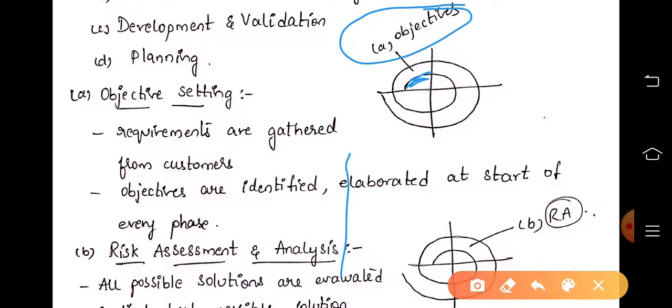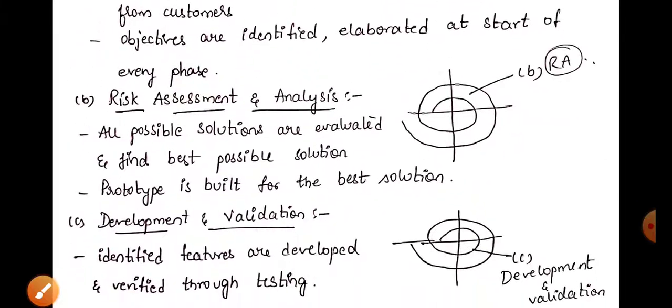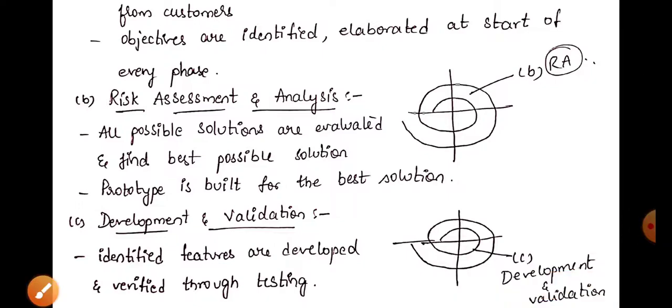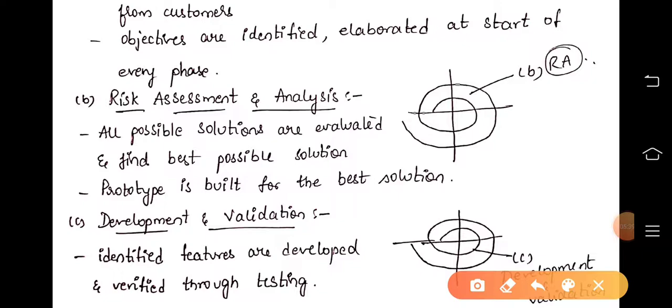Then second one is risk assessment and analysis. First we are going to assess the risk and then we are going to do some analysis. It's nothing but finding out the best possible solution.